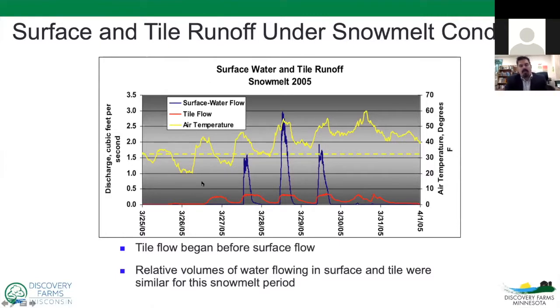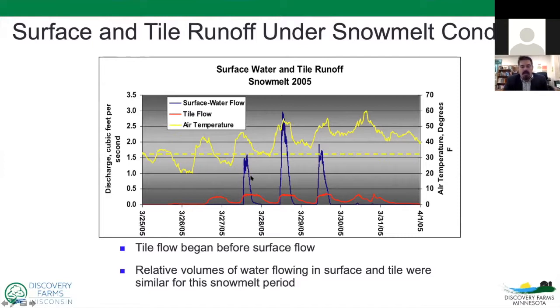And so what you can see here is, in the blue we'll start with the red. So we have all these drainage events, and the red being these tile flow events. What you can see is that not all tile flow events occurred with surface flow events, right?